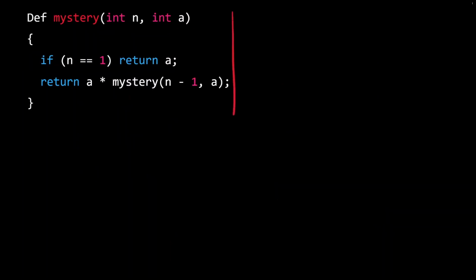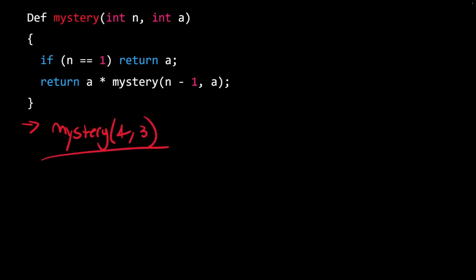Say you were given this problem, and you were told to evaluate mystery 4 and 3. What would you do? First thing you can do is look at what we're getting in. So we're getting n, we're getting a. What's happening here?